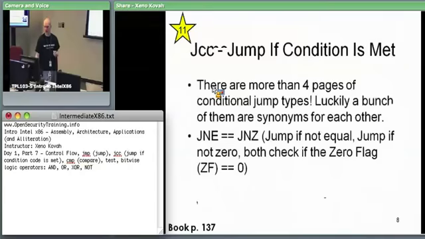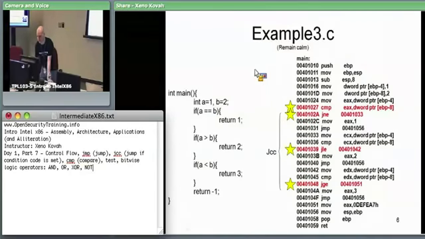And that's what you see here. You do some compare, which we haven't talked about yet, but if this jump not equal condition holds, so if the 0 flag is currently 0, it'll transfer to this target. Otherwise, if the 0 flag is 1, then it goes here.